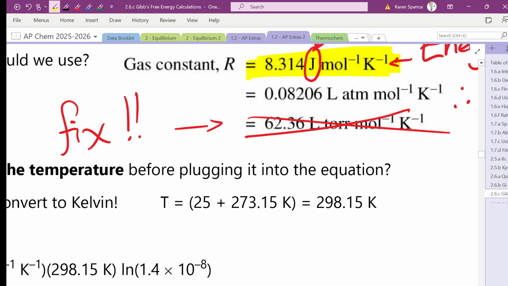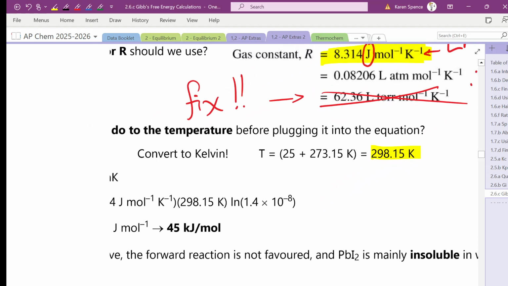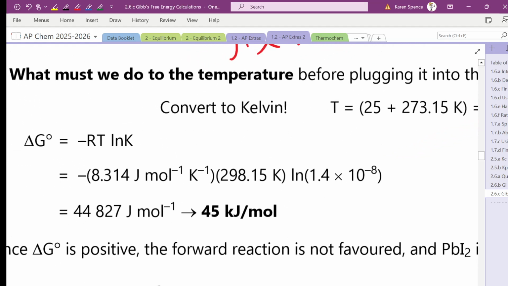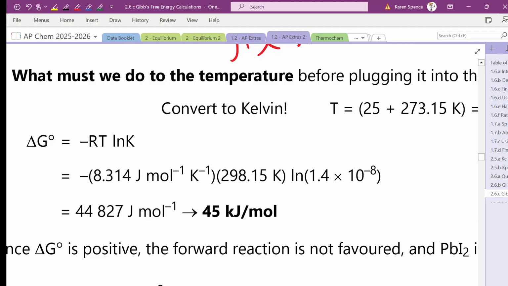If you take any chemistry at university, you'll probably know that number by heart by the time you are done, because we do things at 25 degrees Celsius a lot. And so we just throw everything in there. There's our R value, there's our temperature, there is our K, and let's see what happens with our units.